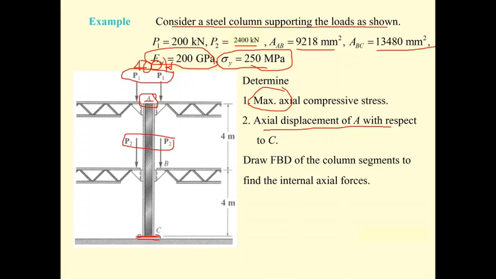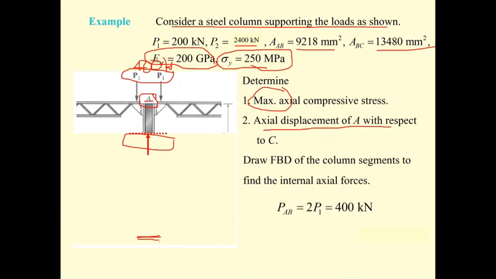Okay, let's first draw the free body diagram and determine the axial force in segment AB and segment BC. Just cut it like this. P1 and P2 give 400, so the force in column AB is going to be 400 kilonewton.